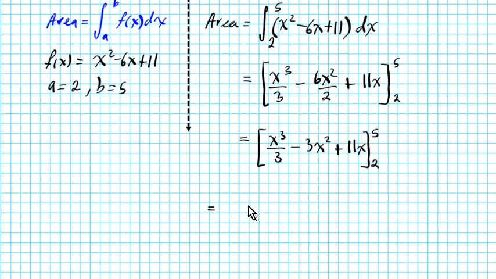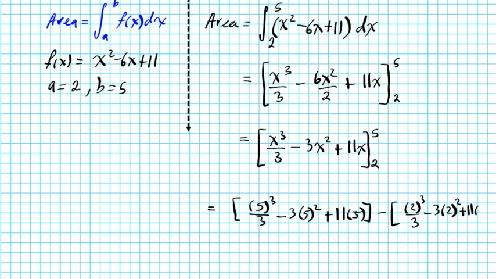So we're going to have 5 to the third over 3 minus 3 times 5 squared plus 11 times 5. So you evaluate the integrand at the upper limit minus the integrand evaluated at the lower limit. FTC part 1. Minus 3 times 2 squared plus 11 times 2.